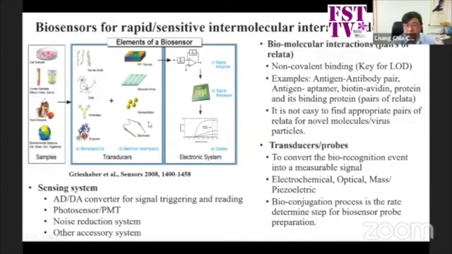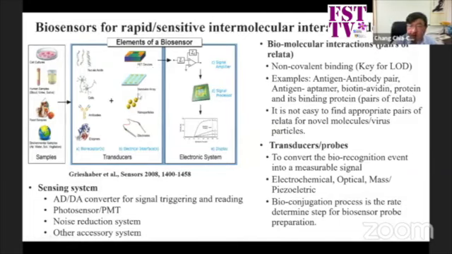So there is a transducer, and people may use FET, field effect transistor devices, or nanowire devices, or nanoparticles, or some optical or electrical devices, such as electrochemical devices.